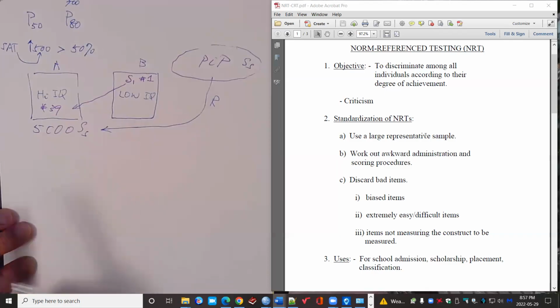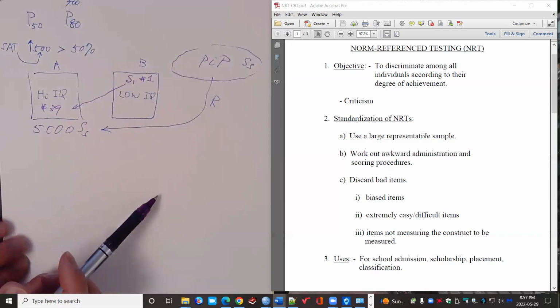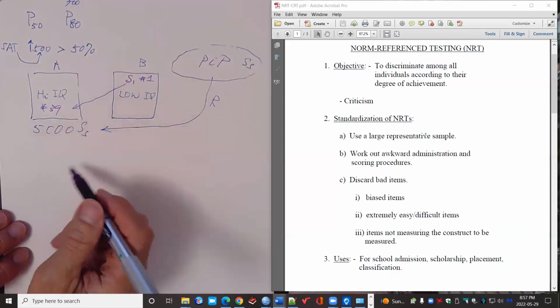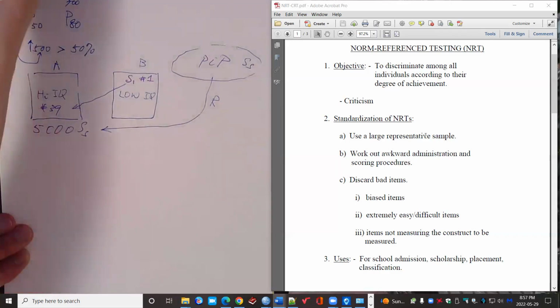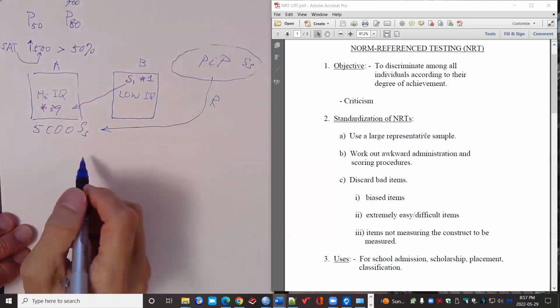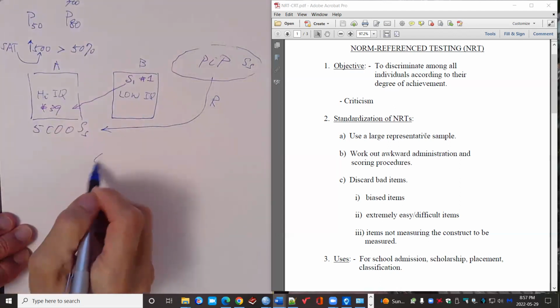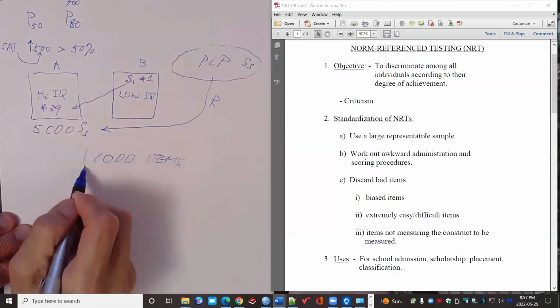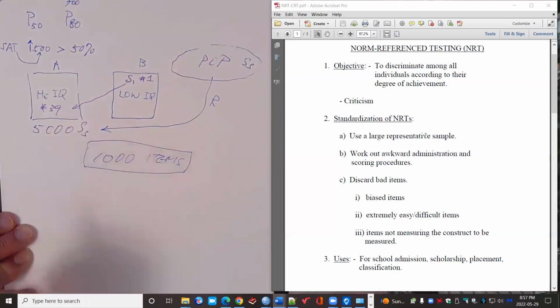Then what? Let's say we have a sample of, say, 1,000 good test items, but we only need about 400.